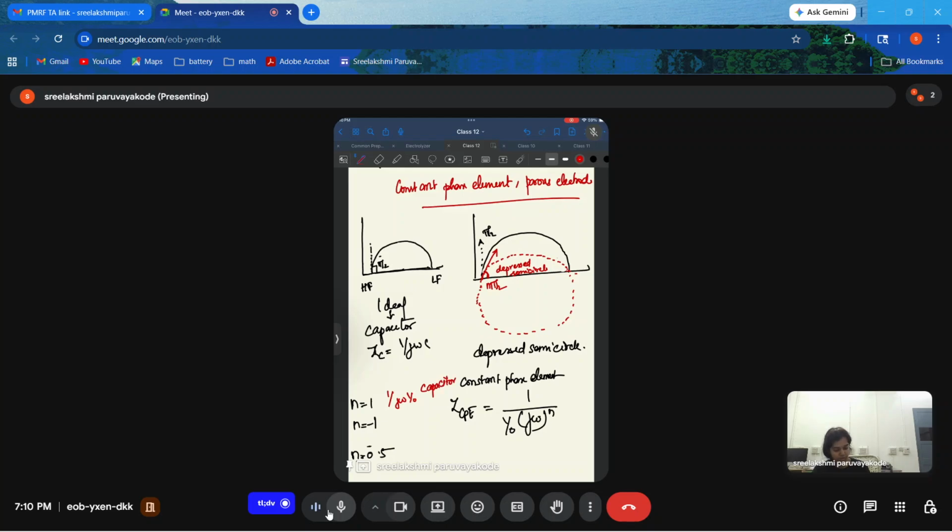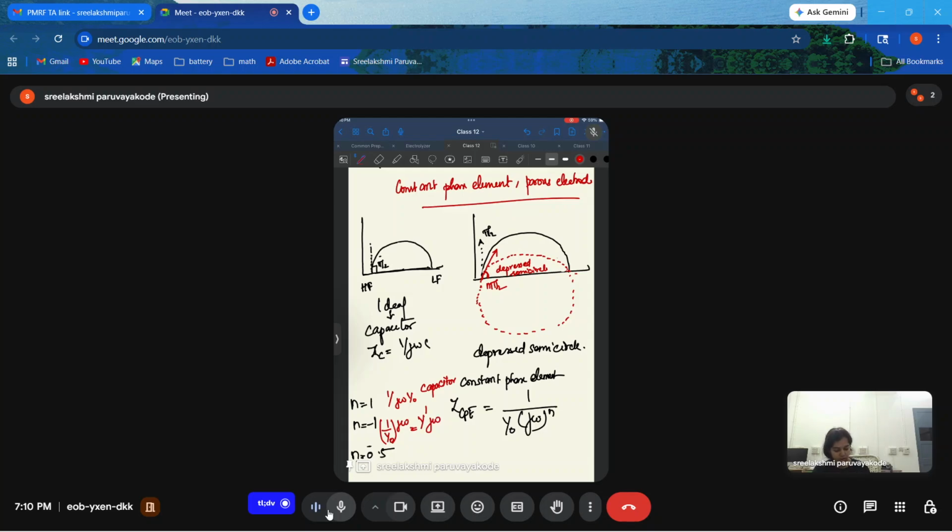which is the case of a capacitor. Now what about n equal to -1? We'll get 1 by Y0, j omega raised to -1, this means j omega. Here, 1 by Y0 itself is a constant. So I can write Y' j omega where Y' is 1 by Y0.